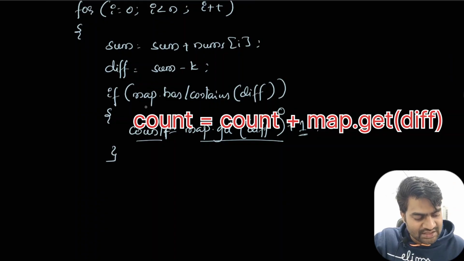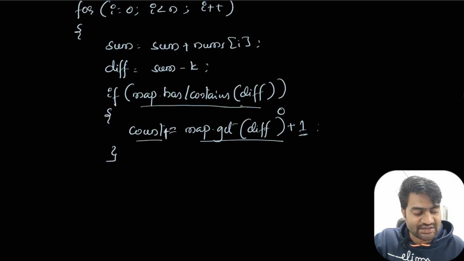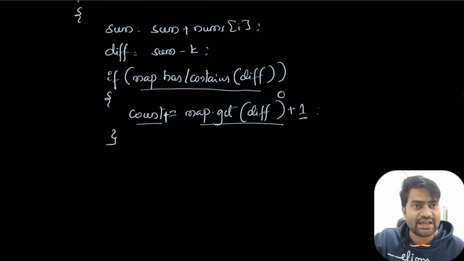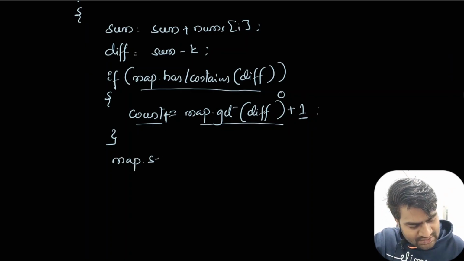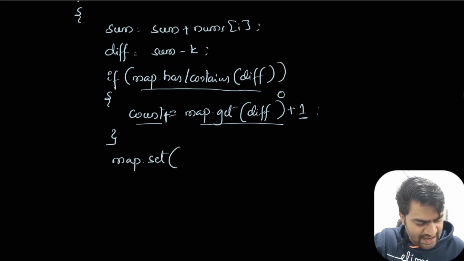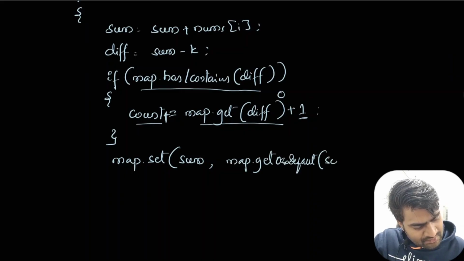Then it is only when we find this difference available in our hash map. If that is not the case, every time we need to simply push our sum to the hash map, because that's a prefix sum, correct, right? So I will say map dot set, sum comma, then map dot get or default, this time get sum.